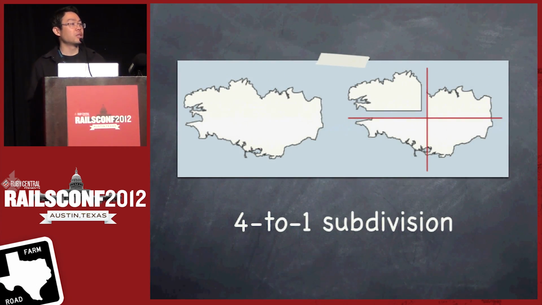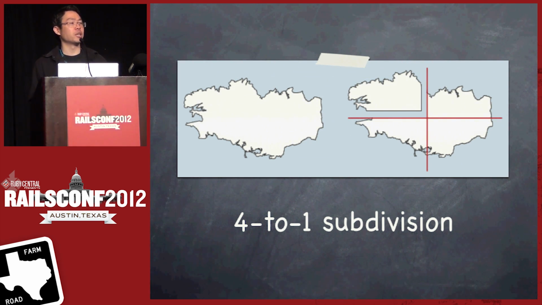Now, how do we break up large polygons? Well, one simple but really effective technique is to use 4-to-1 subdivision. This idea is pretty straightforward, has a fancy name, but it's simple. Basically, you take a large polygon with lots of sides and cut it into 4 quadrants. So you end up with 4 smaller polygons, each with about a quarter of the sides of the original.